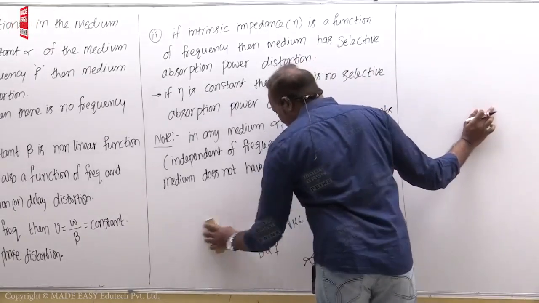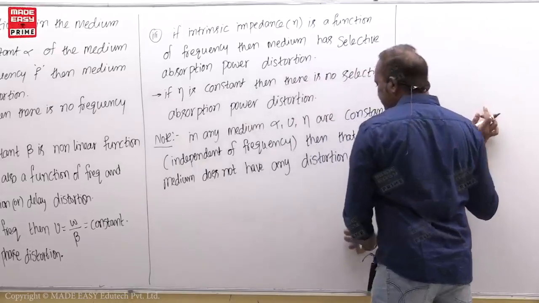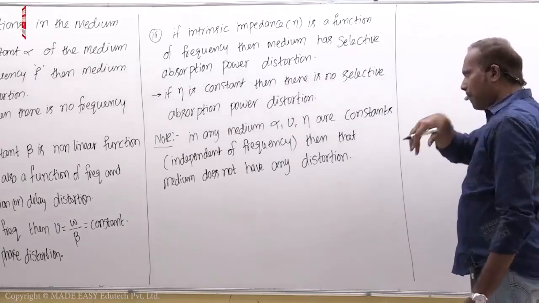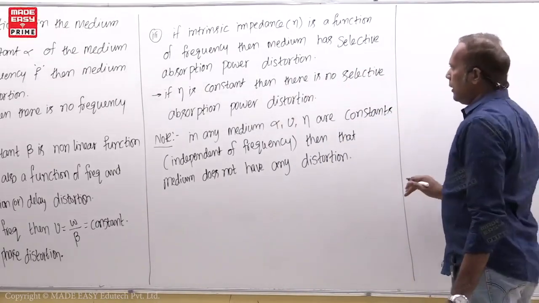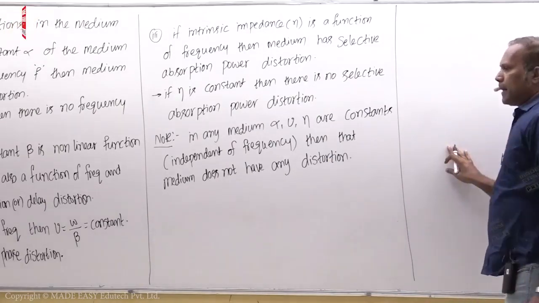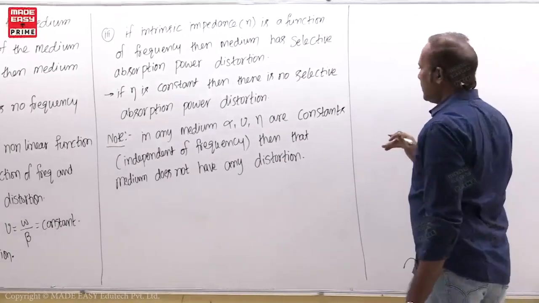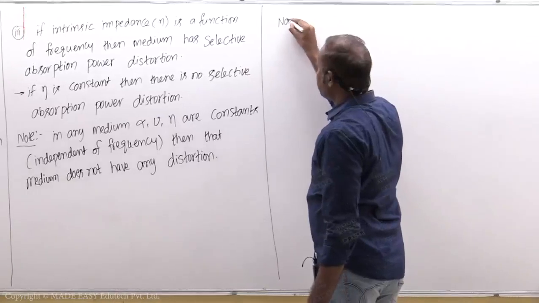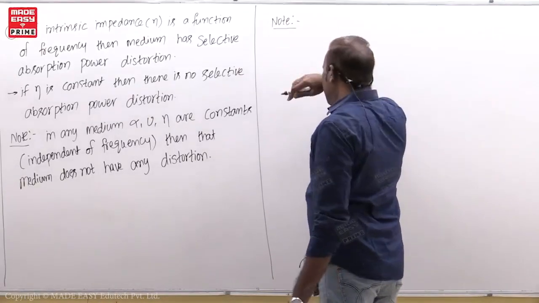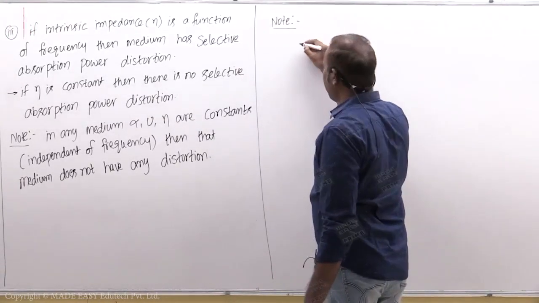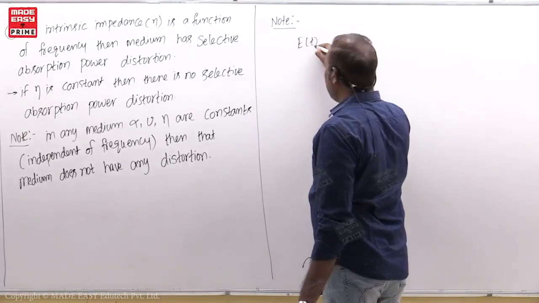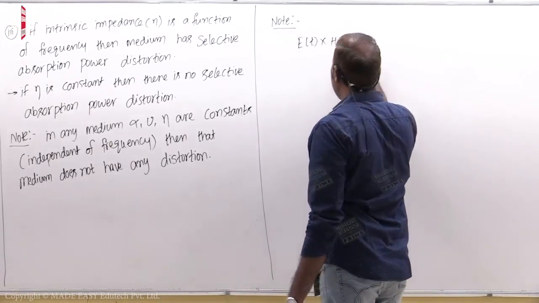I will write here one more note regarding the direction of electric field, direction of power flow, and direction of magnetic field. Those three things. You see here, note I am writing. Now, Poynting vector is E of t cross H of t.